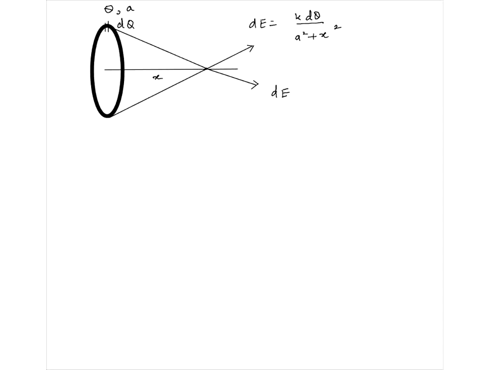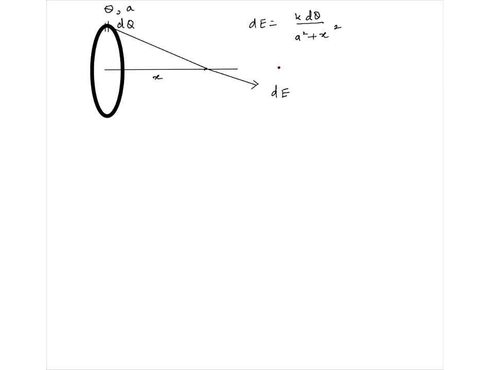Now when we understand it, we can delete this. And we can just say that only the axial component will survive, and everybody has the same direction. This dE also has a component in this direction. This dE has a component in this direction. Due to this, whatever dE is there, that component is in the same direction.